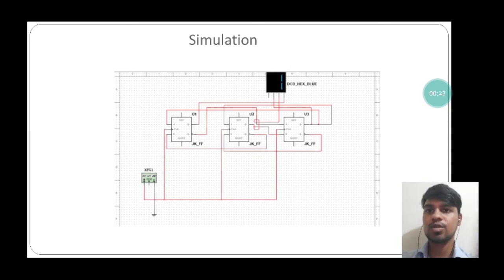Here we took 3 JK flip-flops and a function generator for power, and all clocks are connected with the positive of the function generator, meaning all clocks are connected with high. Here J0 is connected with Q2 and K0 is connected with Q1 bar, and we get output from Q0 and it is connected with the counter.